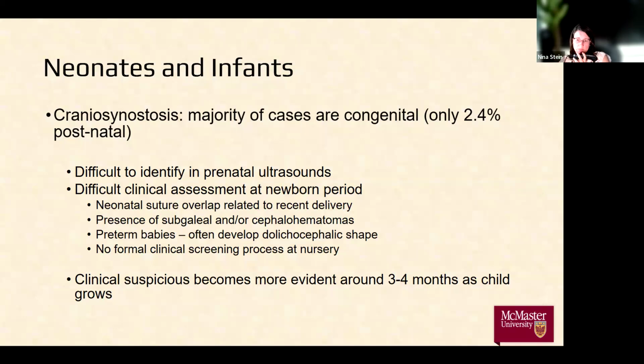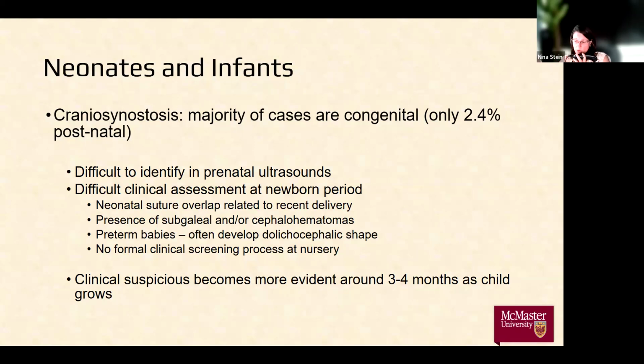And so based on even literature and what we observe in practice, sometimes it might take up to 3 to 4 months for the family to actually realize, okay, this is enough. We need to understand why this kid has this funny shape head.